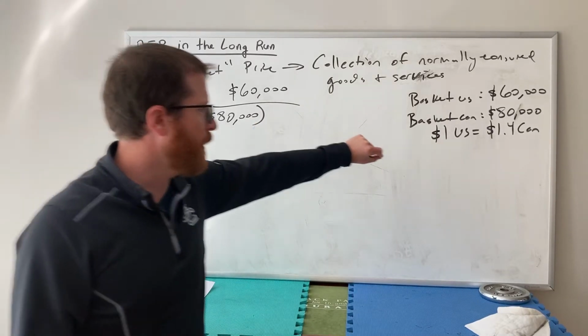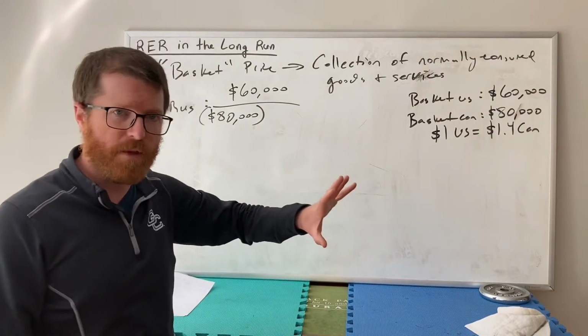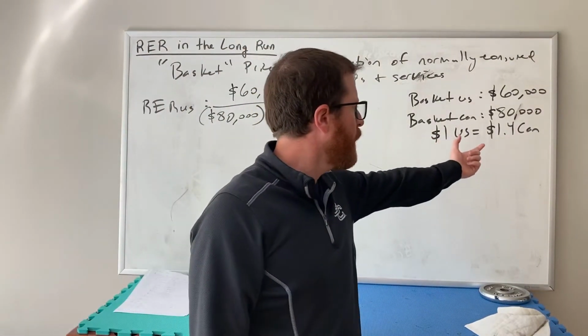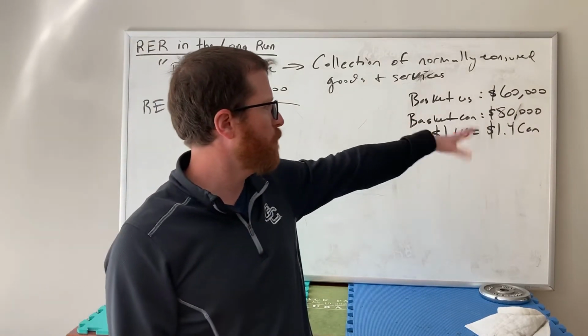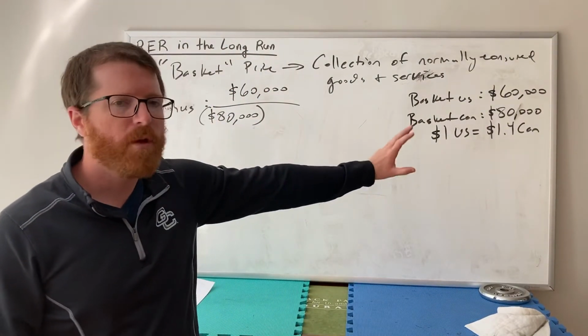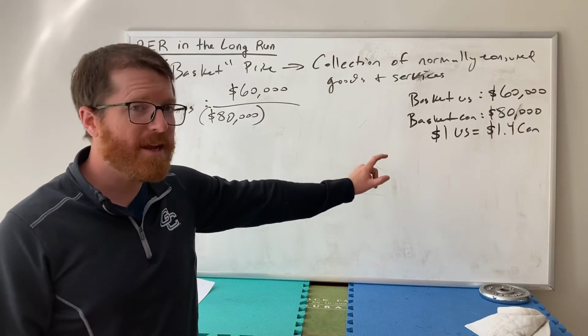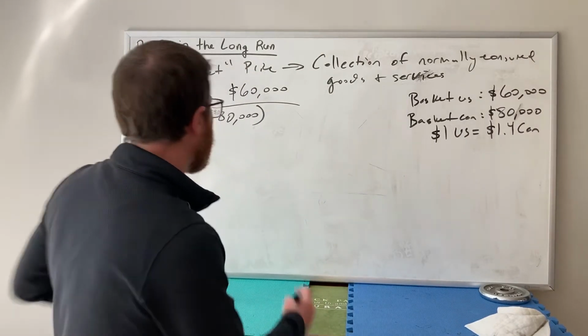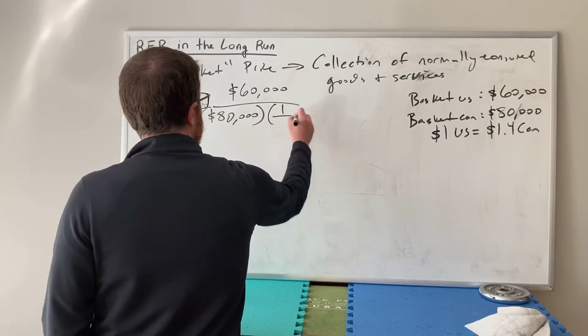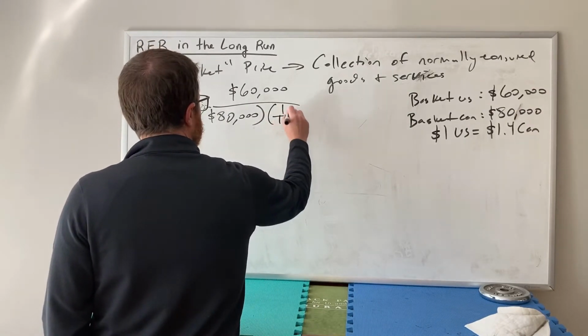All right. So actually, I've kind of done this intentionally just so you would see an example like this. In this case, we don't actually have the information we need. All right. So if $1 US buys 1.4 Canadian, we need to figure out what 1 Canadian dollar would buy. Okay. And so what you would actually have here is 1 divided by 1.4.